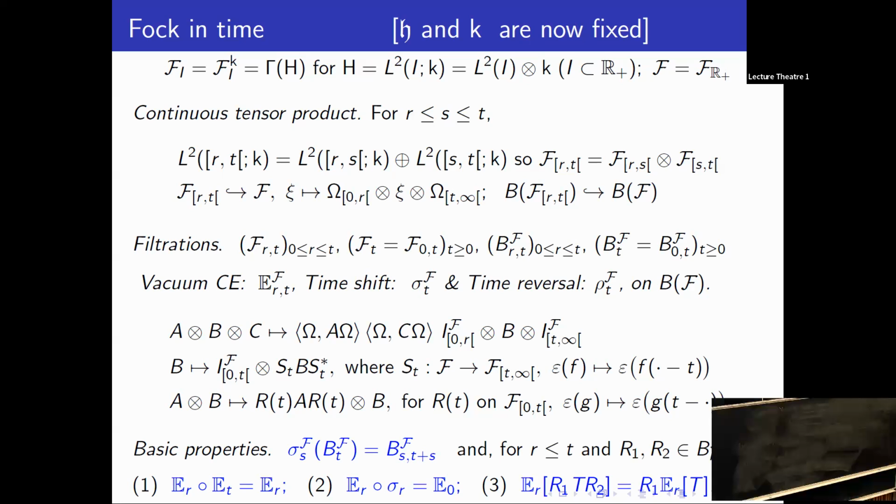Some basic properties. Well, shifting the subalgebra up to time t by s precisely gives you the subalgebra from s to t plus s. Secondly, the family of conditional expectations has this tower property. It has this sort of covariance relation with a shift here. If you shift by r and then condition at time 0, sorry, condition at time r, then that's equivalent to conditioning at time r.